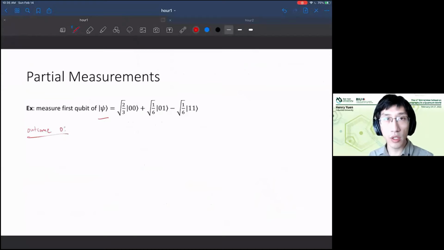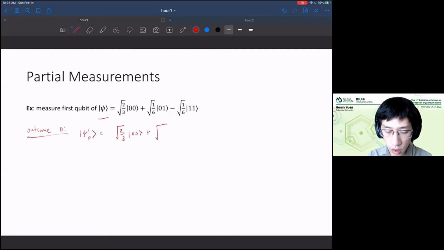The first thing you do is you just delete all the cases when the first qubit is not in the state 0. So we get square root 2/3, 0, 0, plus square root 1/6, 0, 1, right? And then the probability of the outcome will just be the length squared of this vector.